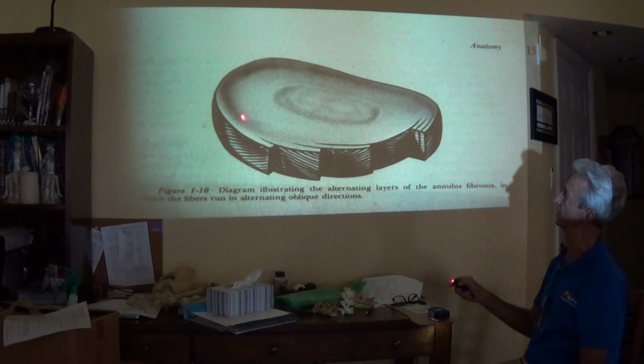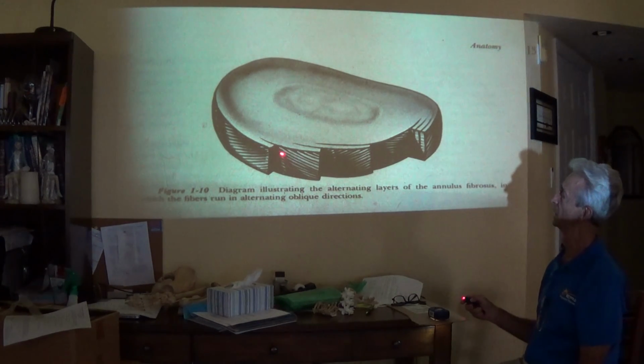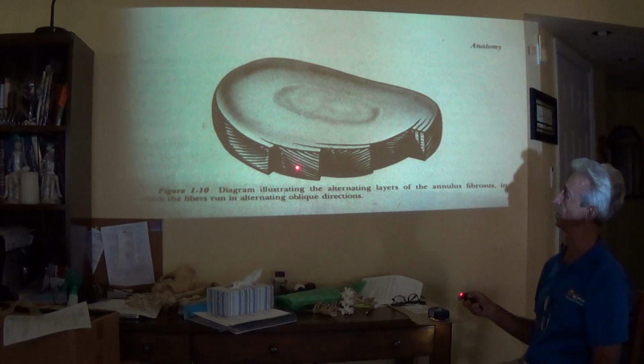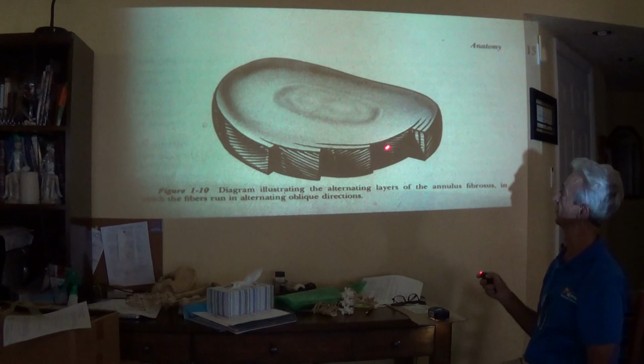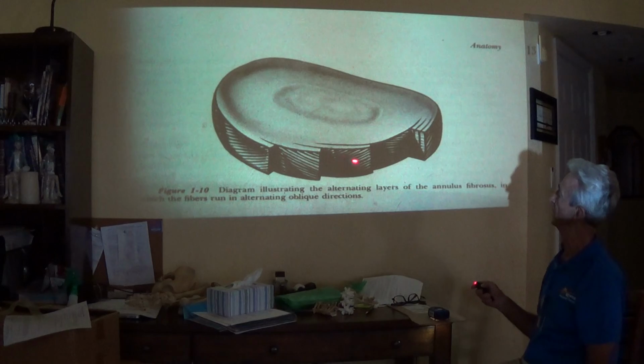And these are rings of cartilage that are kind of stuck together with concentric fibers of collagen going in different directions. And these rings are held together to give the disc a fair amount of good support.